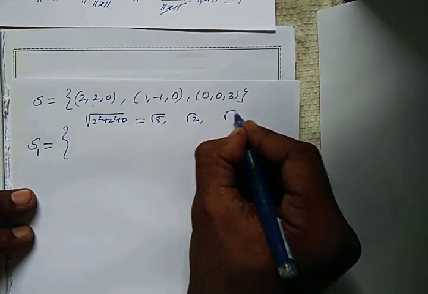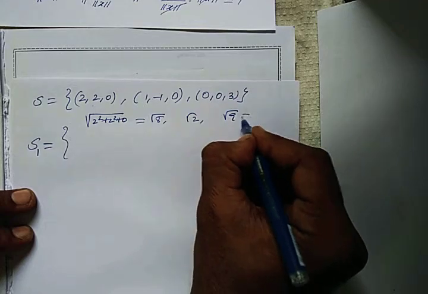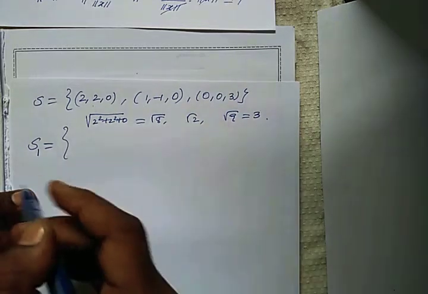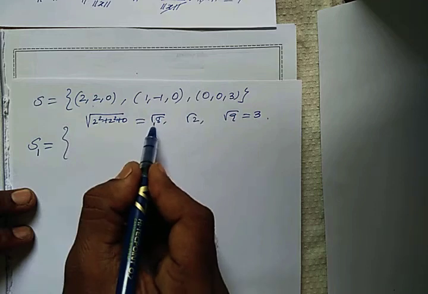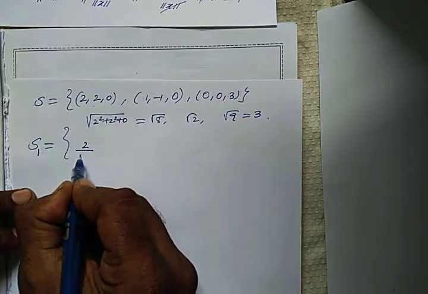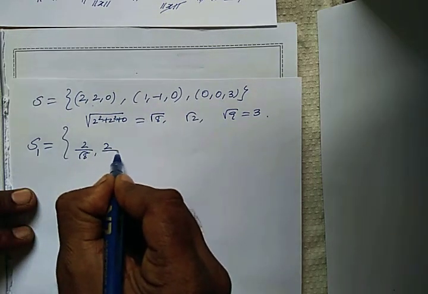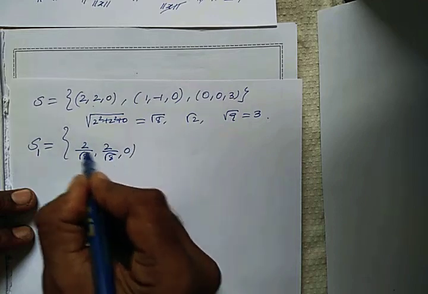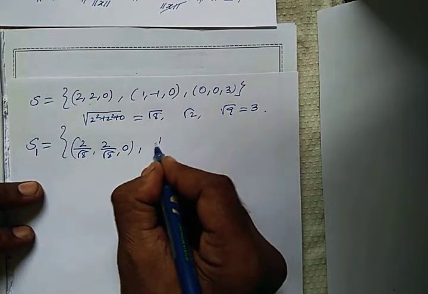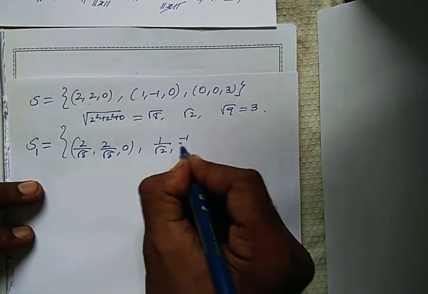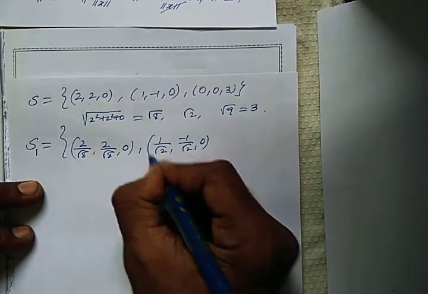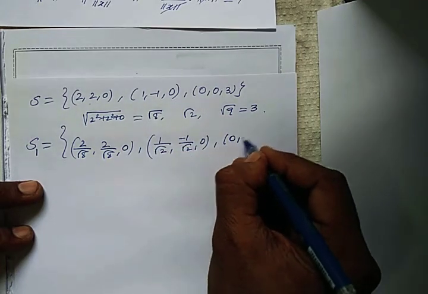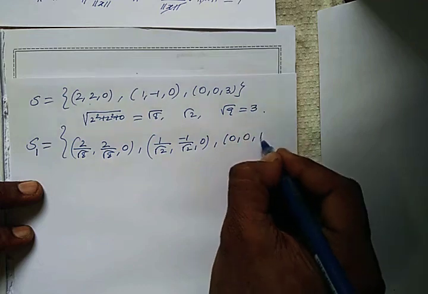This vector's norm is square root of 9, that is equal to 3. So now divide each vector by its norm: 2 by square root of 8, 2 by square root of 8, 0, which is 1 by square root of 2, minus 1 by square root of 2, 0, and 0, 0, 3 by 3 which is 1.